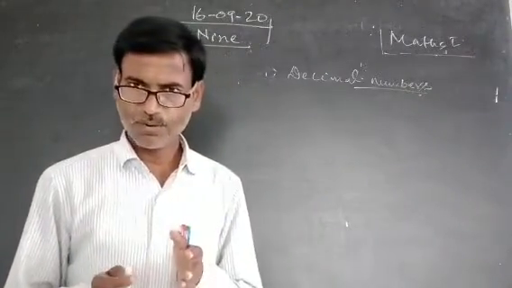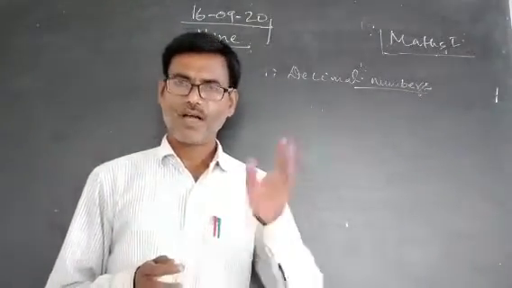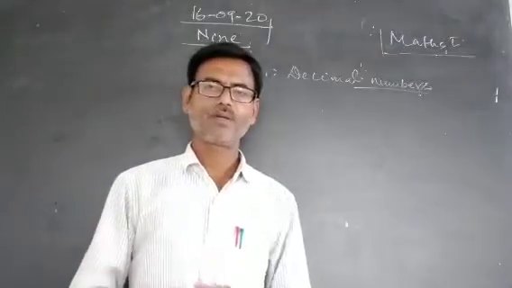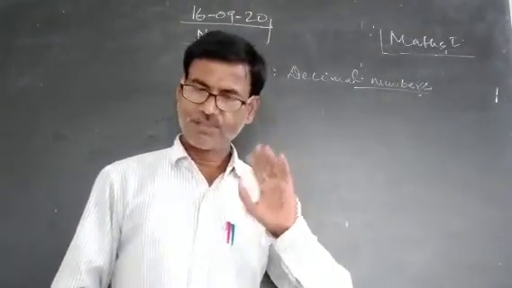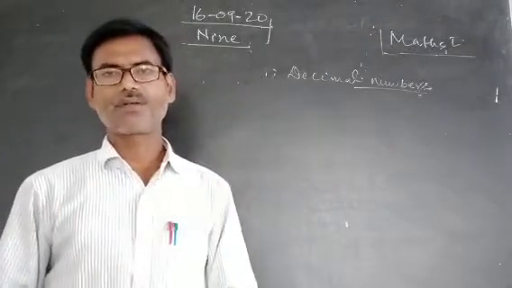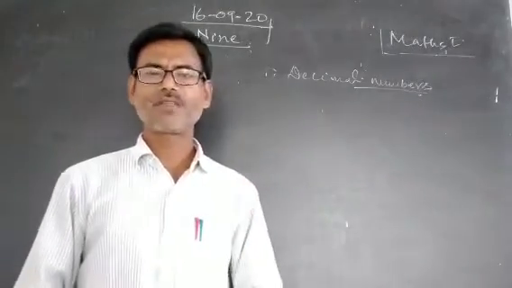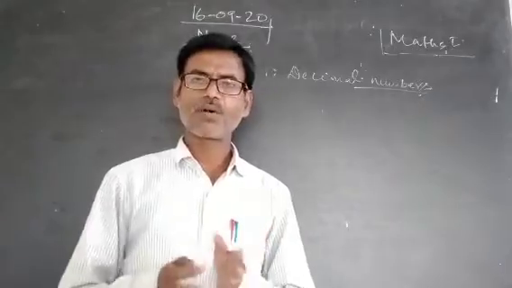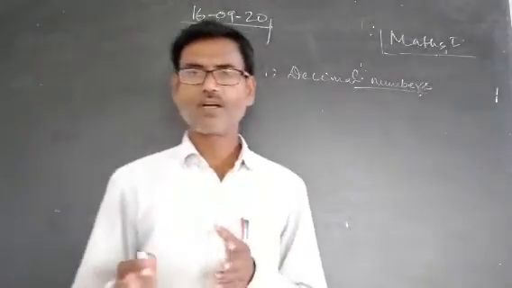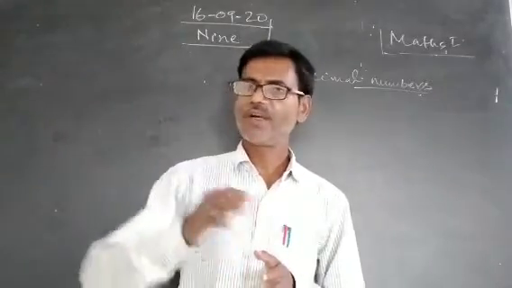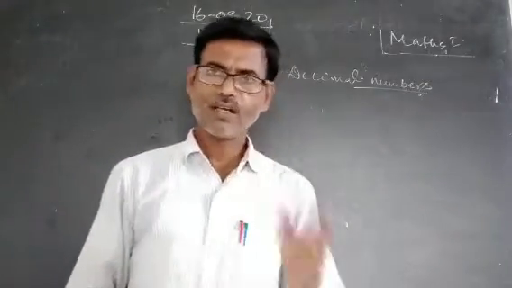The simple way to convert a rational number into decimal is dividing numerator by denominator. So without performing this division, using this simple rule, we can decide whether the decimal expansion of a rational number will be a terminating decimal or a non-terminating decimal.